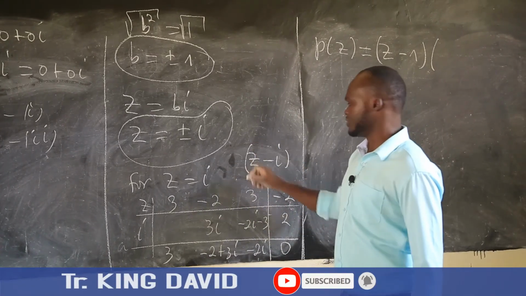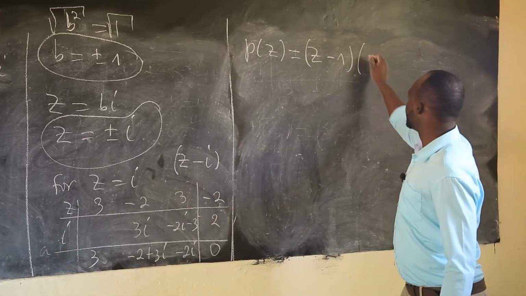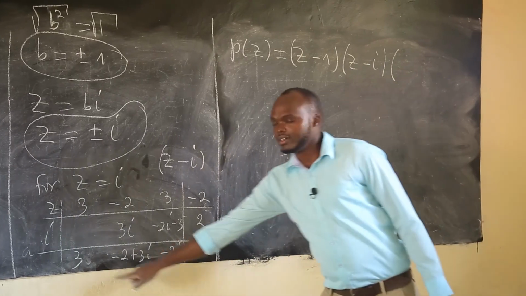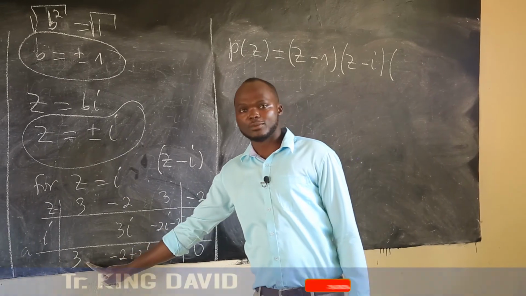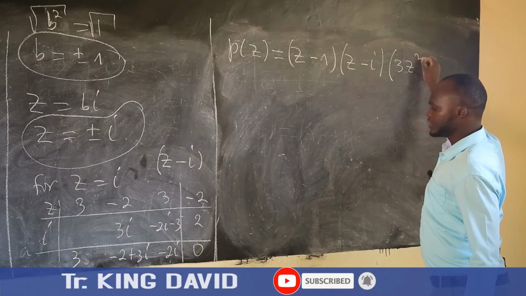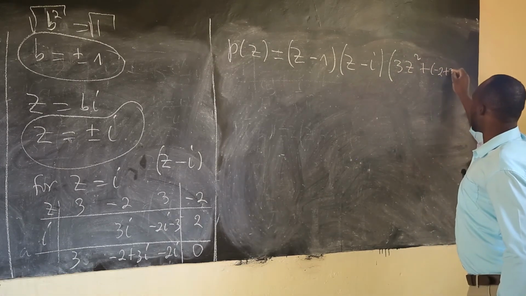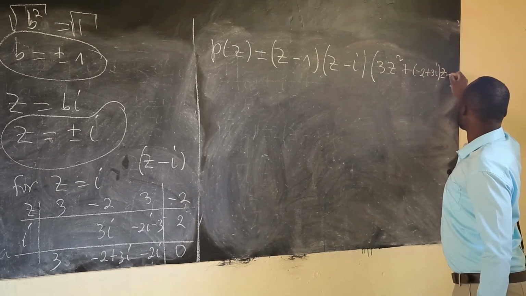This is a factor, z minus i. So it will be z minus i in brackets. Remember, it was power 3. This one is going to become power 2, which is 3z squared plus negative 2 plus 3i times z, then minus 2i.